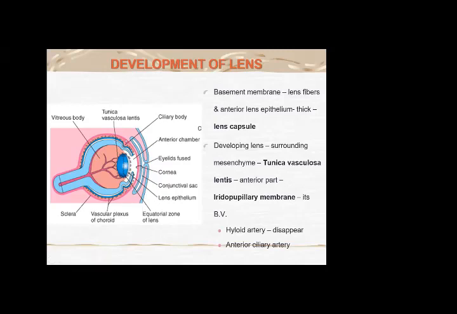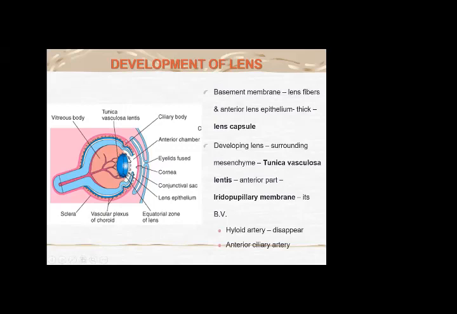Okay. I just told you that the basement membrane of the developing lens was on the outside and cells were lying on the inside of the basement membrane. This basement membrane gets thickened.